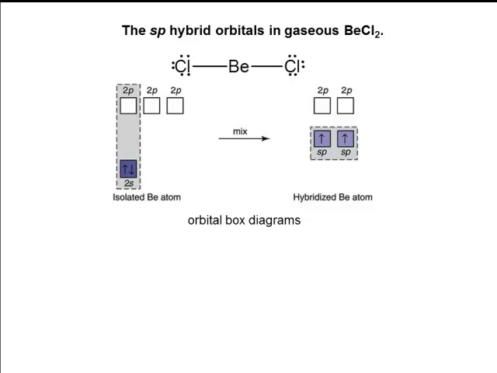An explanation for this is that we come up with these hybrid orbitals. If I take beryllium's 2s orbital and one of beryllium's 2p orbitals and combine them together, I get two sp orbitals. I still have two remaining 2p orbitals to work with, but I have two sp orbitals. Those sp hybrid orbitals are going to be at the same energy level. So when I put the two valence electrons in, each one of those boxes gets one electron.